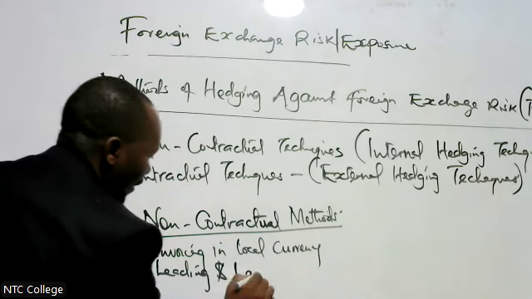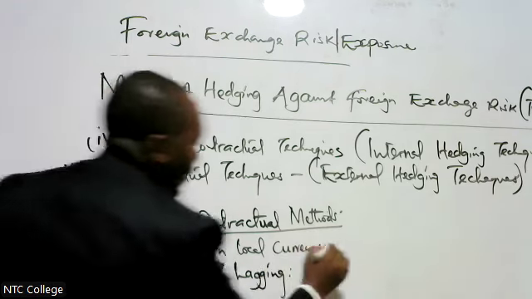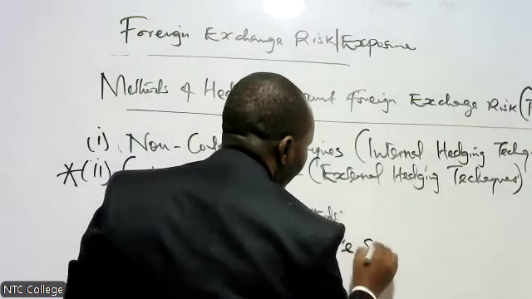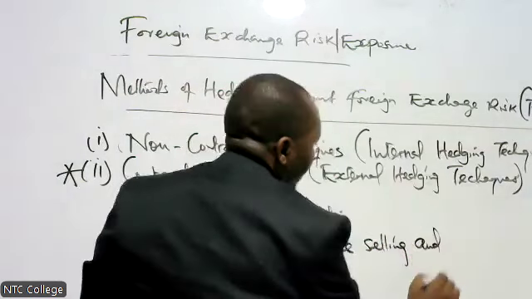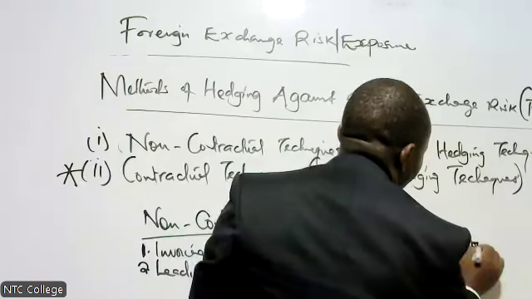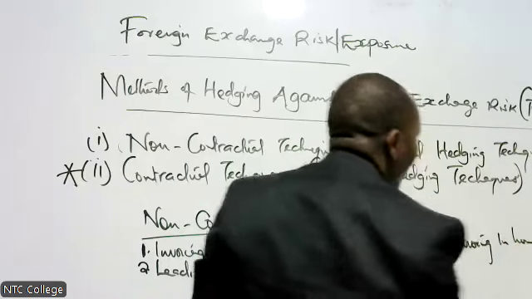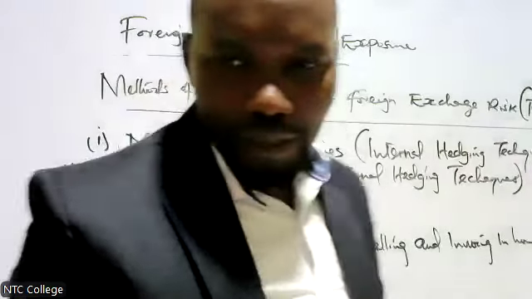Number two, leading, I was interrupted kidogo, that's why nikapotea. And hapa nilisema i.e. selling and invoicing in home currency, all goods and services, whether they are local or international.